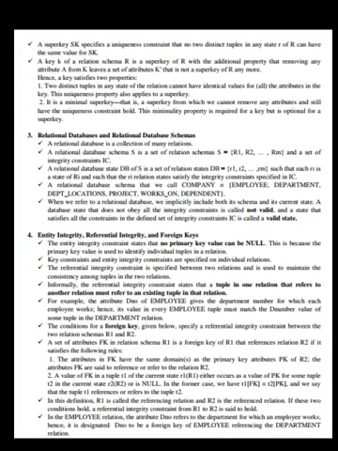First, two distinct tuples in any state of the relation cannot have identical values for all the attributes in the key. This uniqueness property also applies to a super key. Second, it is a minimal super key, that is, a super key from which we cannot remove any attribute and still have the uniqueness constraint hold. This minimality property is required for a key but is optional for a super key.